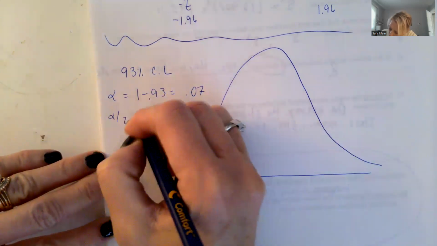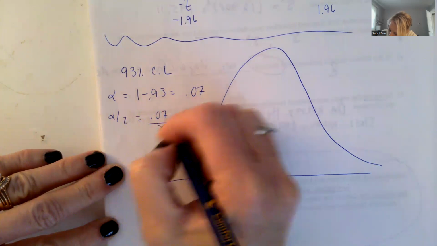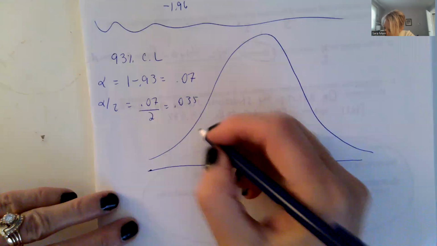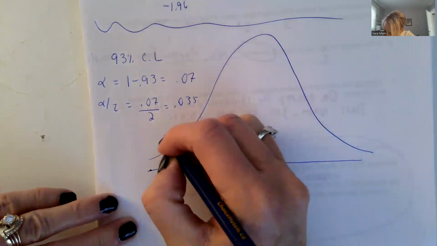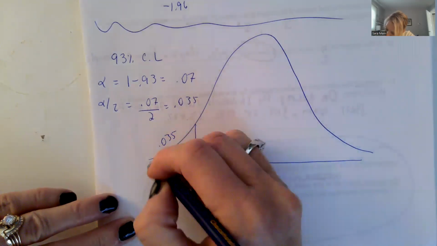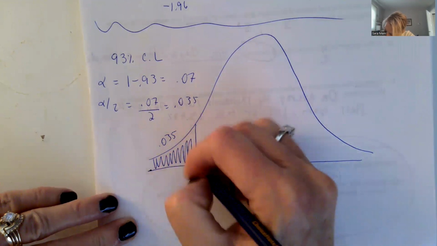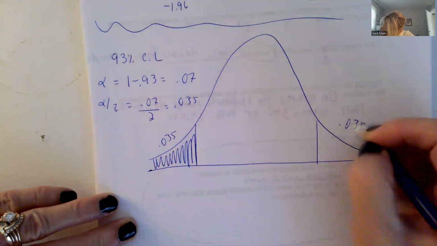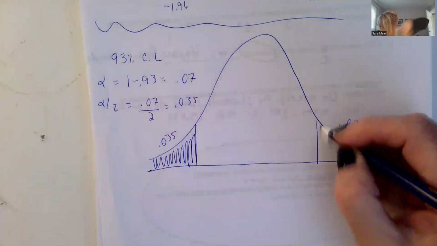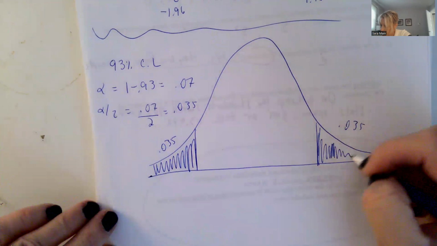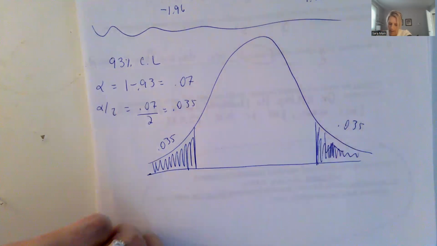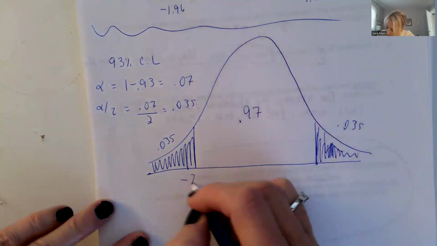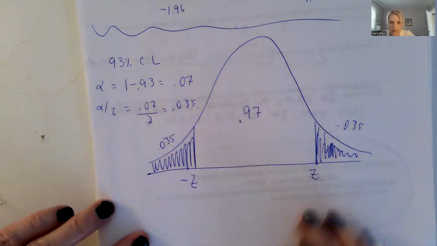So my alpha divided by 2 will be 0.07 divided by 2, which is 0.035. So that means I'm going to have 0.035 area to the left. I will have 0.035 area to the right. And I will have 0.93 area in the middle. And I want to find the symmetric positive and negative z's that go with that.